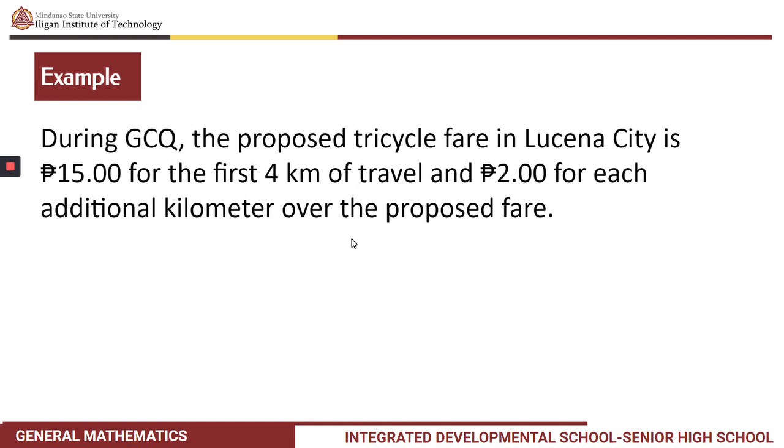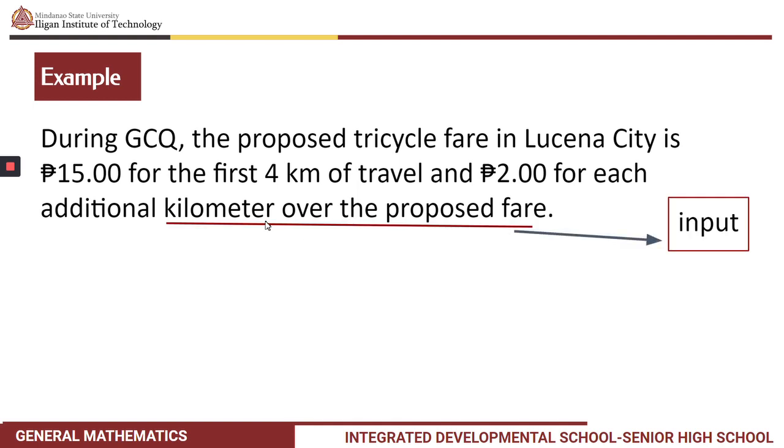So, ang domain dito, or the independent variable, is the distance that a passenger traveled, or that the tricycle traveled. So, yan yung ating independent variable or our domain. So our range here is the tricycle fare. Okay? So ayan, na-identify na.